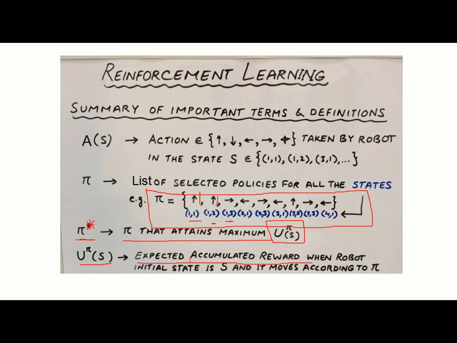The word expected comes about because we saw in the expression of U pi of s that it includes the probabilities. So therefore the term expected. So it's an expected accumulated reward when a robot's initial state is s and it is moving according to the policy pi.